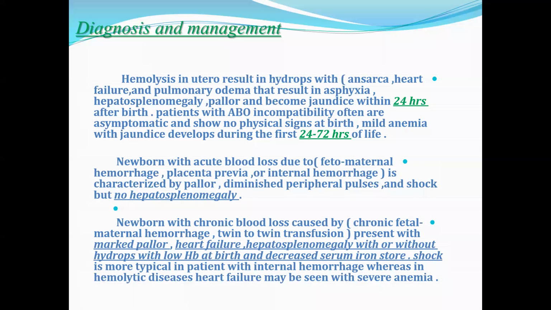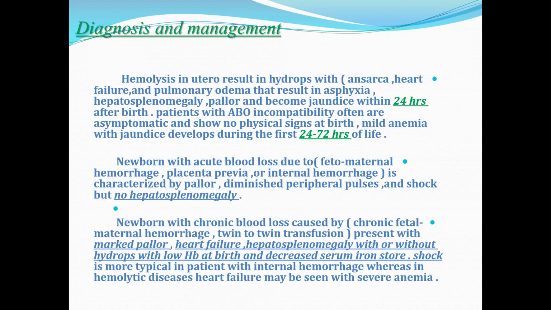A newborn with chronic blood loss caused by chronic fetal maternal hemorrhage or twin transfusion presents with marked pallor, heart failure, hepatosplenomegaly with or without hydrops, with low hemoglobin at birth and decreased serum iron store. Shock is more typical in patients with internal hemorrhage, whereas in hemolytic disease, heart failure may be seen with severe anemia.